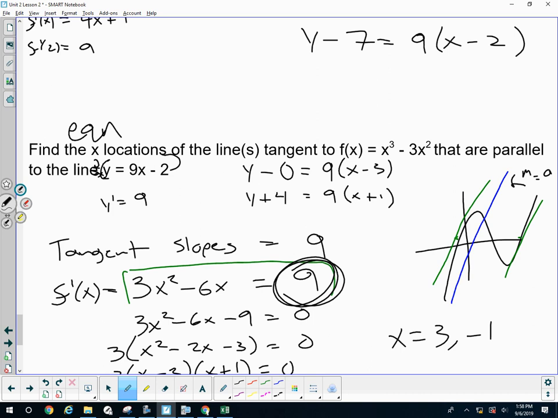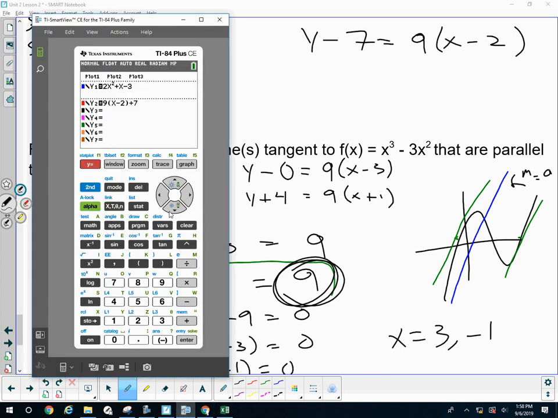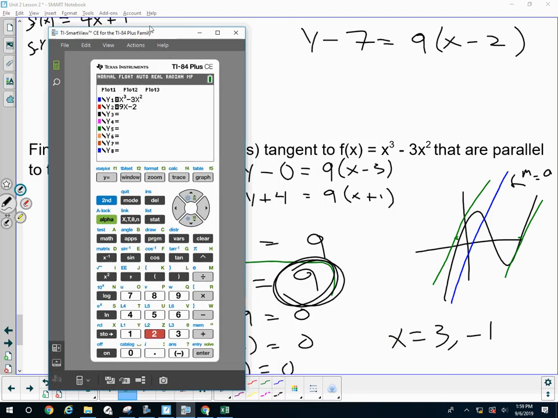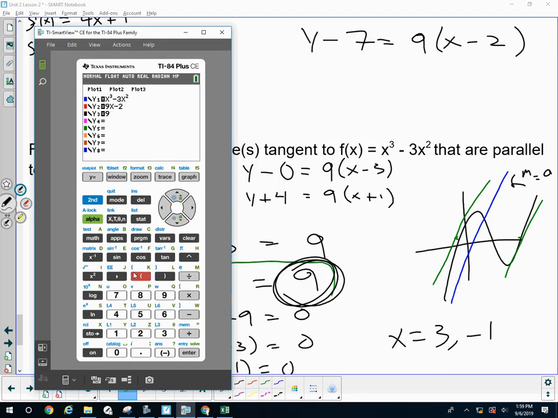I do this because I want to see what I'm about to show you, which is with these nice graphing calculators with the colored lines, really spectacular. We are going to see not only our cubic, x cubed minus 3x squared, but we will also see the 9x minus 2, which is just a random line, and then the 2 lines parallel to that line that are tangent to x cubed minus 3x squared.